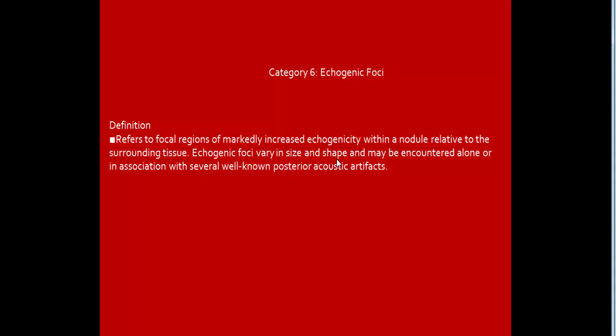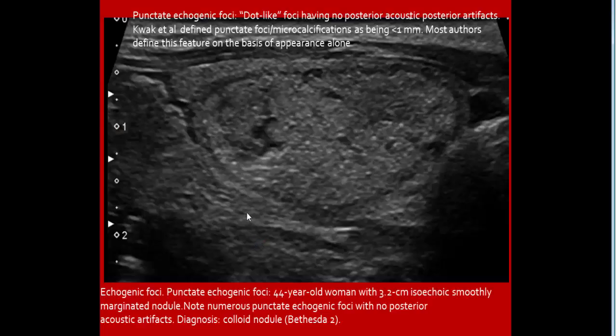Echogenic foci may vary in size and shape, and may be encountered alone or in association with several well-known posterior acoustic artifacts. Punctate echogenic foci are dot-like foci having no posterior acoustic artifact, defined as punctate foci or microcalcification, being less than 1 millimeter.